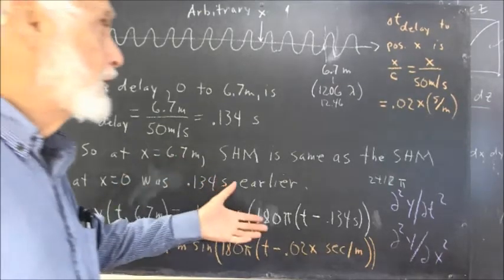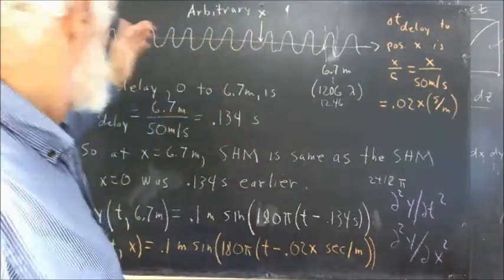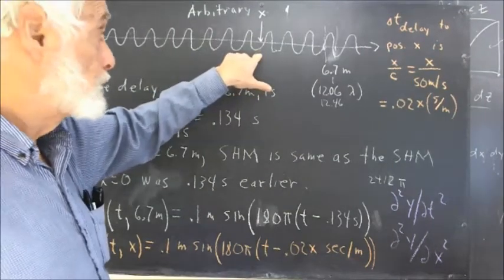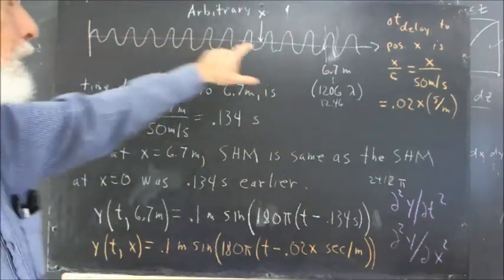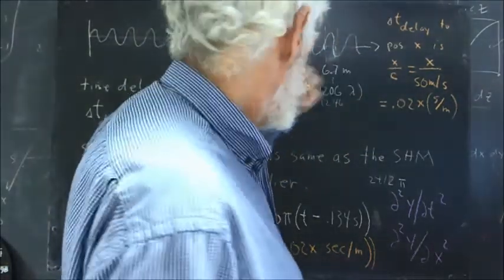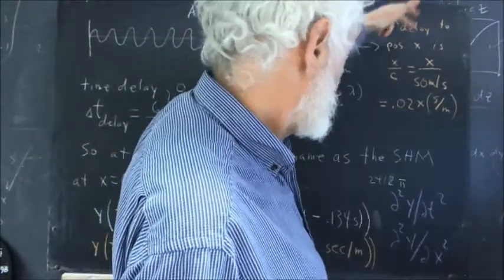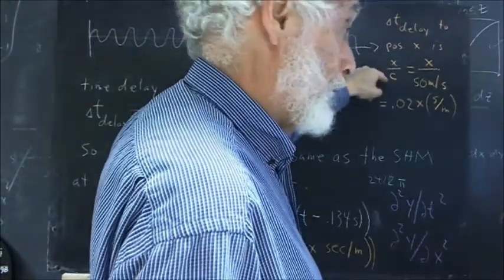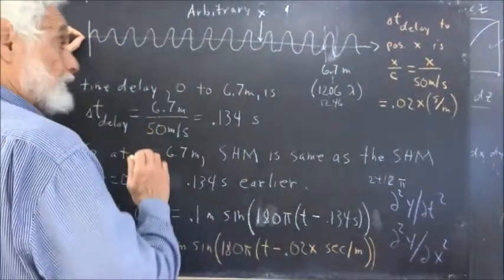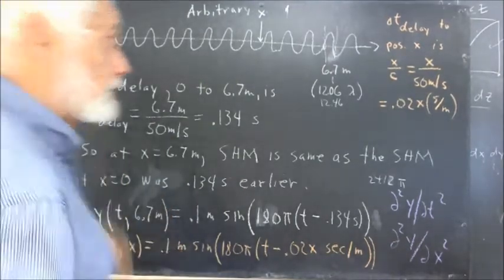Now, what's the time delay if we want to do an arbitrary position x on the x-axis? What's the time delay from here to an arbitrary x? Well, it should be clear by analogy with what we just did that the time delay to position x is going to be x divided by the speed of the wave, because x is how far it is from the left hand end, or from the x equals 0 position.